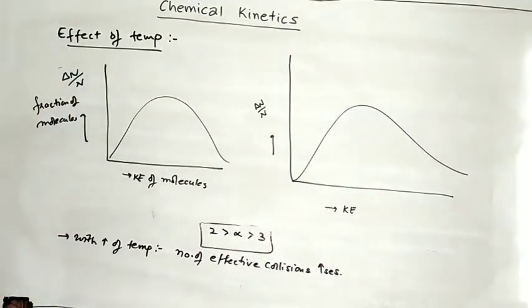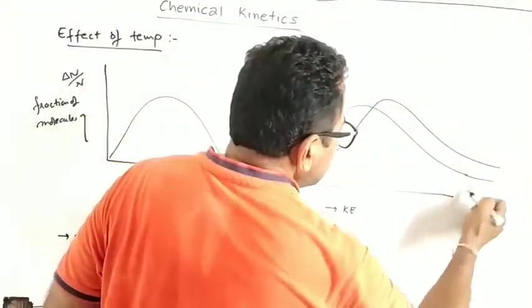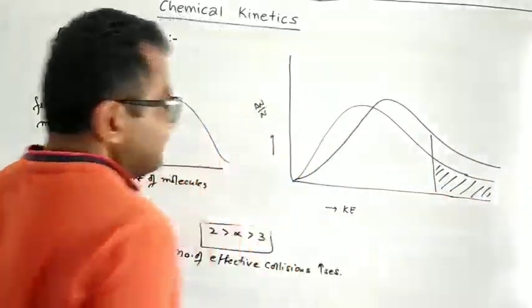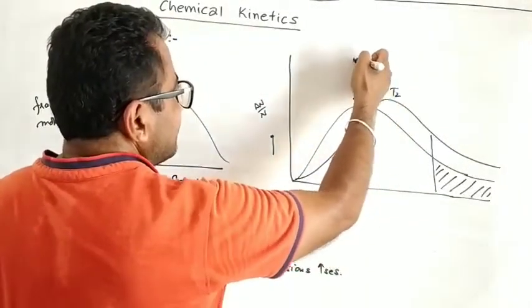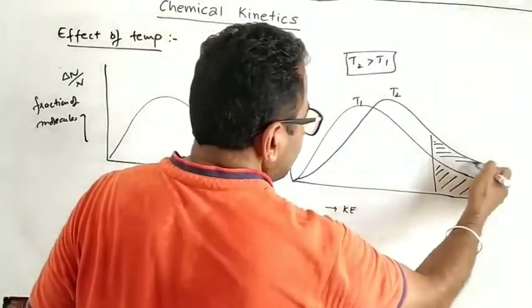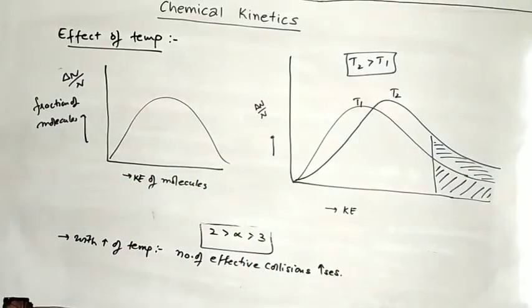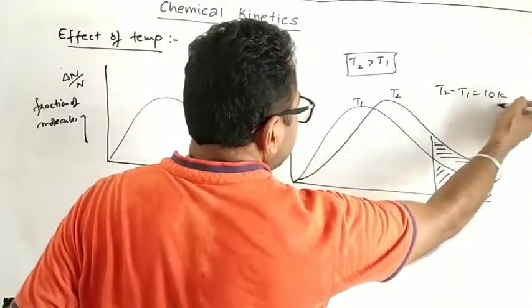Okay, when you increase the temperature from T1 to T2, you get another curve. So if you say this is the area under the curve, and when we increase the temperature to T2, where T2 is greater than T1, the area under the curve becomes almost double. This represents that when the temperature is increased by 10 degree, T2 minus T1 equals 10 Kelvin.